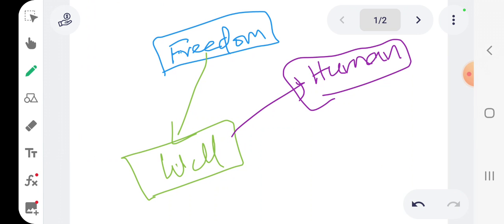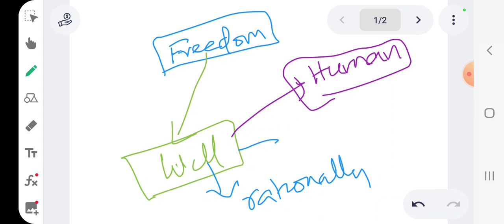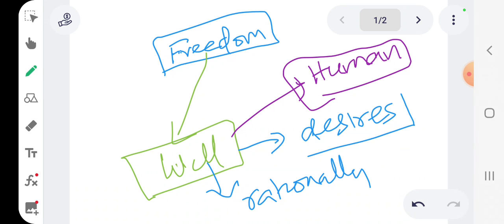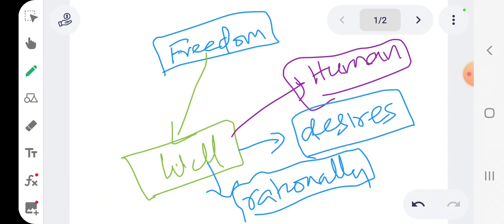And whether you understand will as rationally dominant will, or whether you think that desires are more important or overriding, that's all secondary.